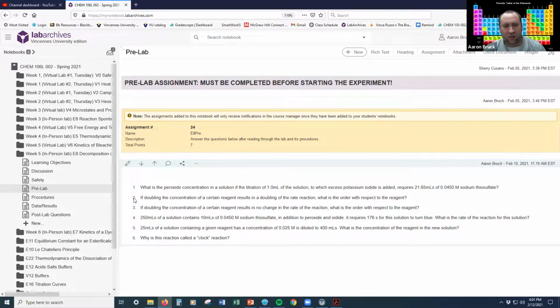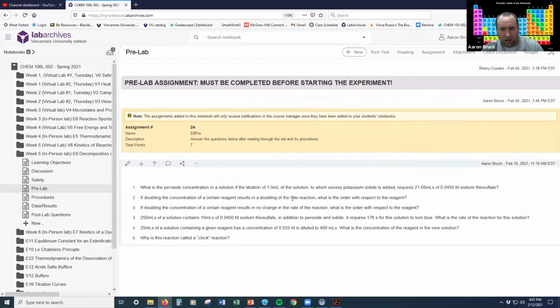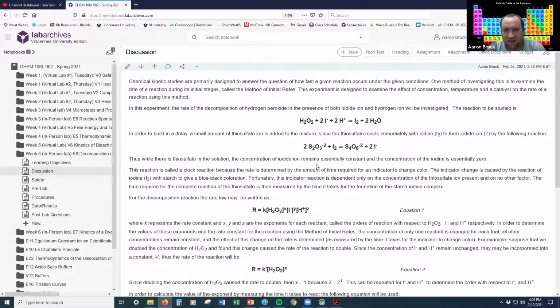So number one, this is just a straight up titration equation. You're going to have to go into the discussion and find the relationship between ultimately the peroxide and the sodium thiosulfate. I will give you a hint. These two equations can be added together.